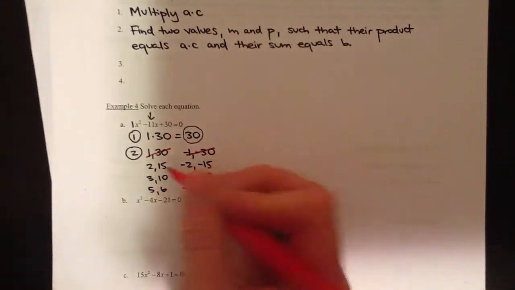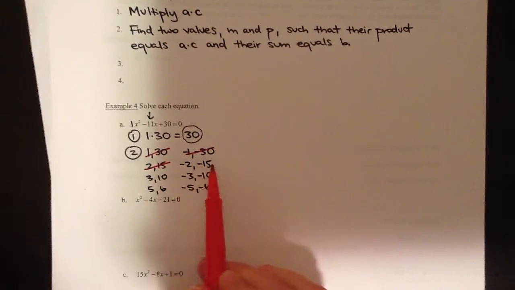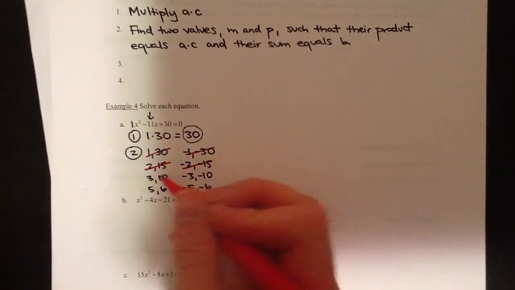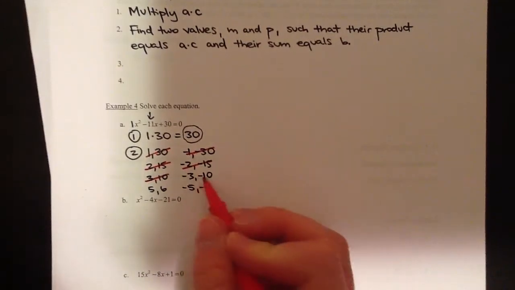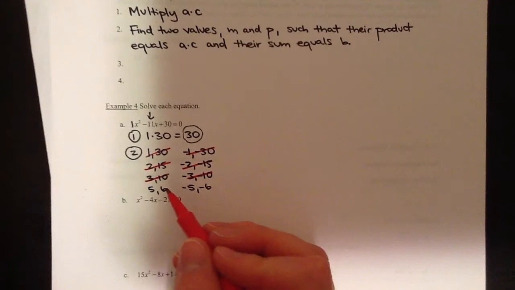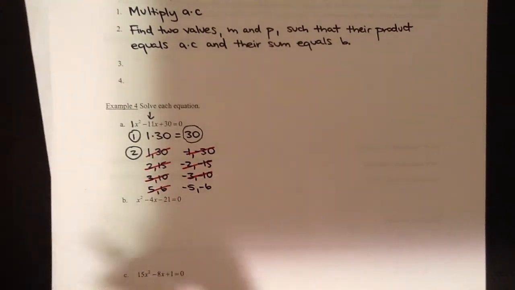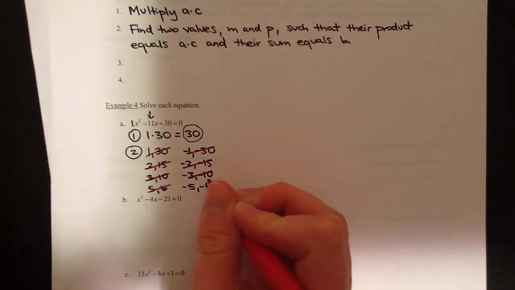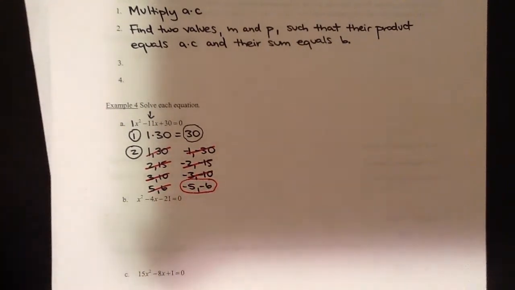These 2, I get 17. These 2, I get -17. These 2, I get 13. These 2, -13. These 2, I get 11. Close. But I need a -11, so hopefully, here we go. -5 and -6, I add them together and I get -11.